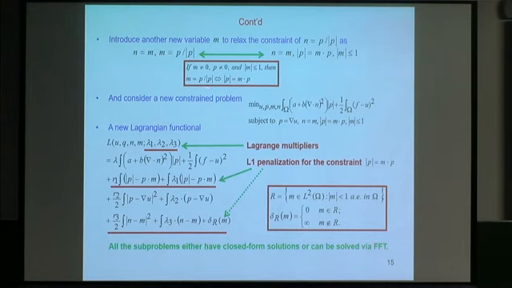If we omit n, that is the original one, but we introduce this because the previous n involves the previous calculation, whereas this m can be handled independently. Also, m equal to this normalization of p can be made equivalent to the length of p equal to m dot p, but requiring the length of m to be less than or equal to 1. So the previous constraint can be changed to this. We introduce one more variable, but it makes things easier. So this is the augmented Lagrangian method.